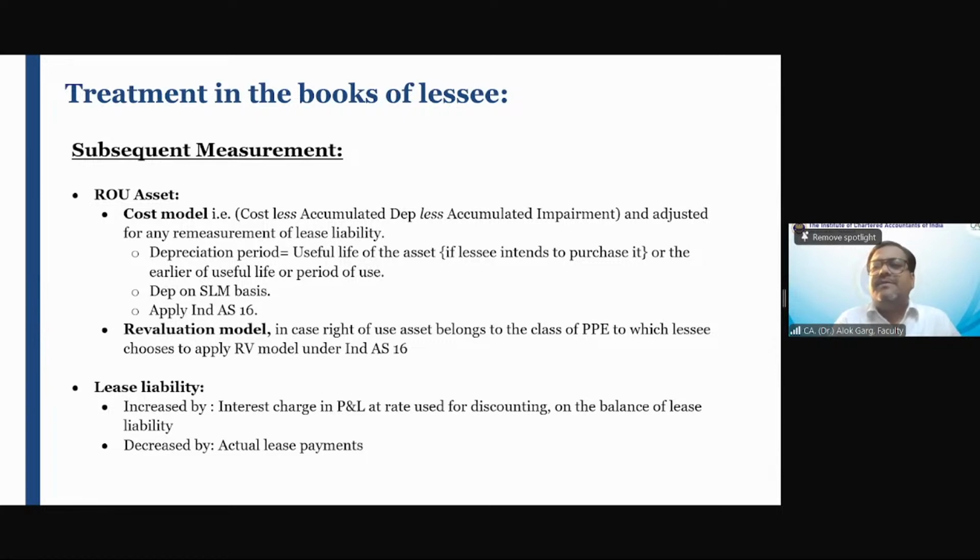And the exercise price is very low. So the airline company can purchase the aircraft at the end of the expiry of the lease, at a very nominal price, right?